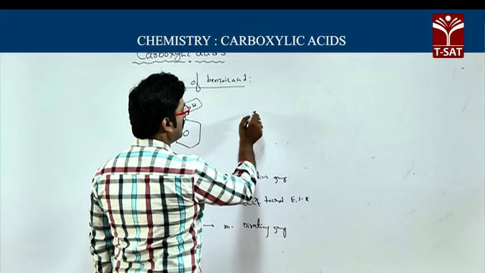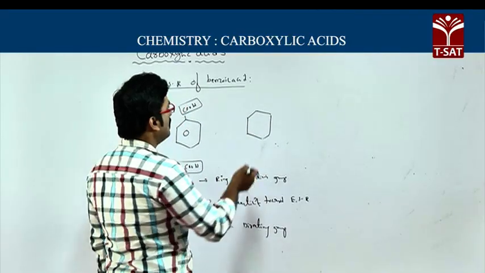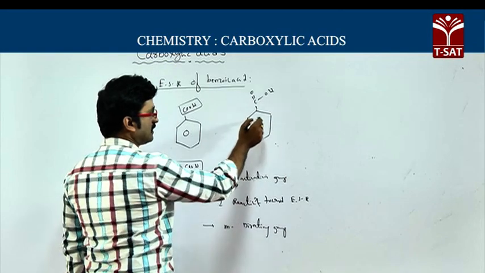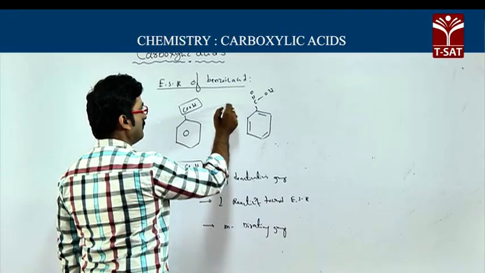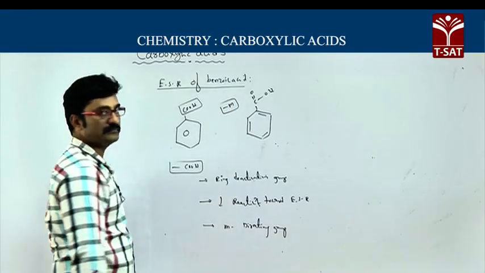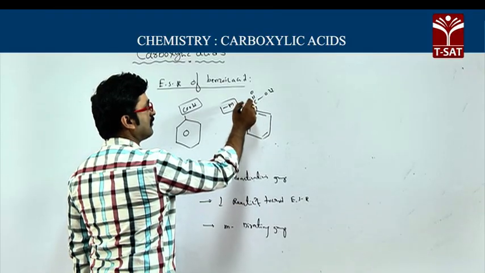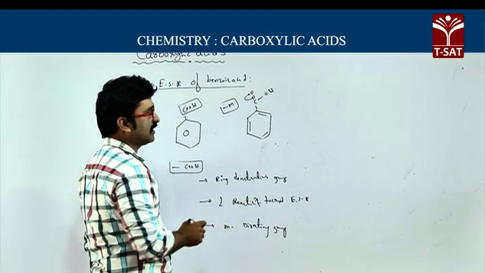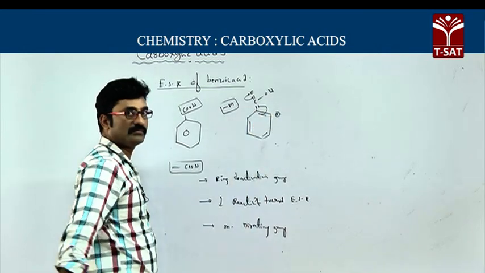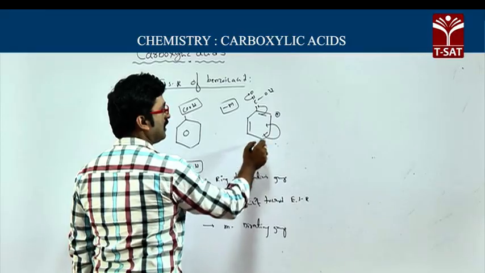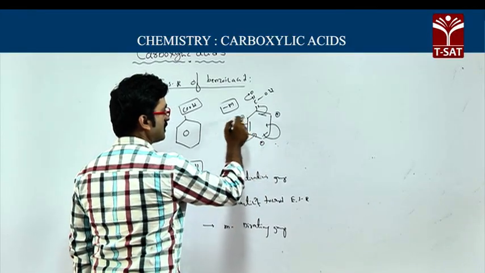How does it direct the incoming electrophile to the meta position? You know, benzoic acid deactivates the benzene ring by the -M effect. Here you know that oxygen is more electronegative than carbon. When electrons are taken by oxygen, these electrons will be shifted like this, and here you will get a positive charge.